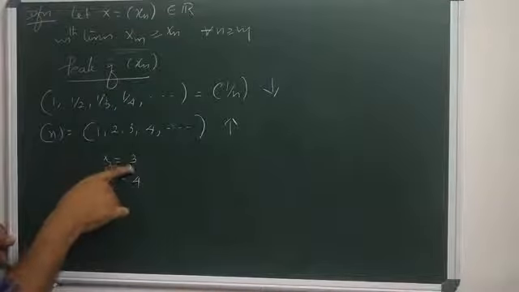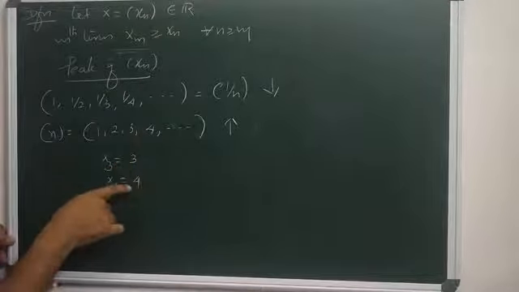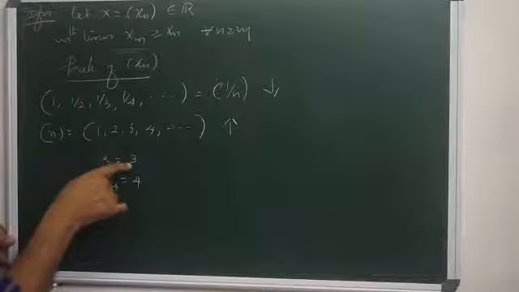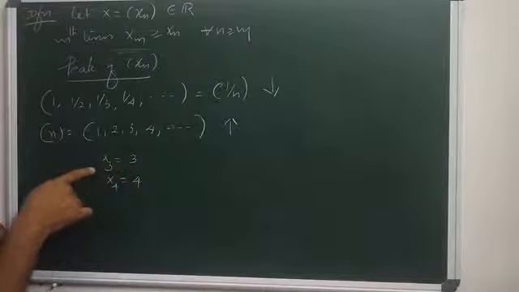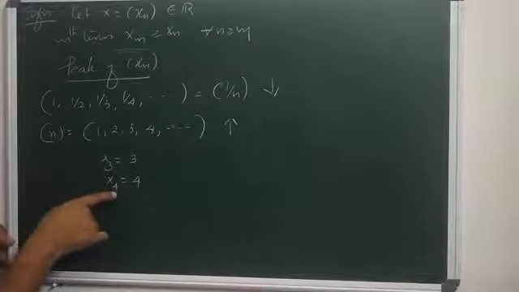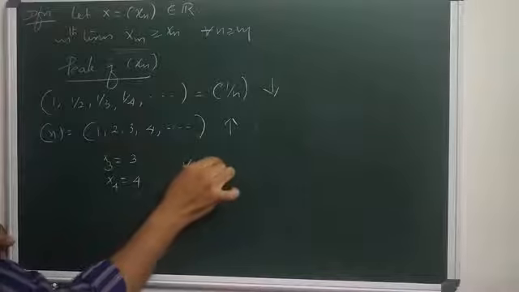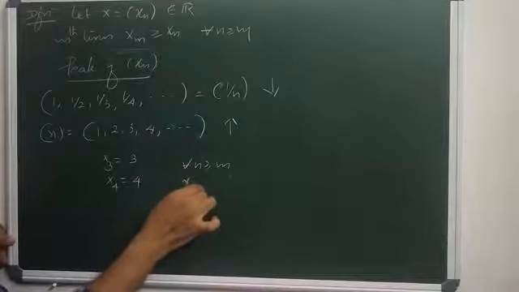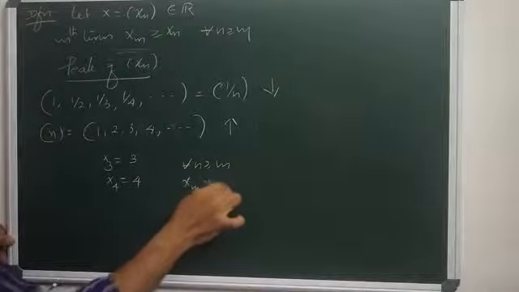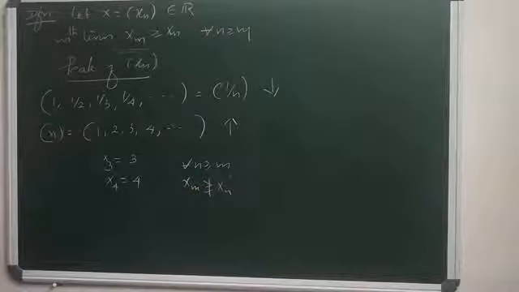For n greater than or equal to m, xm is not greater than or equal to xn, since xm is less than x4. So in an increasing sequence there is no peak.